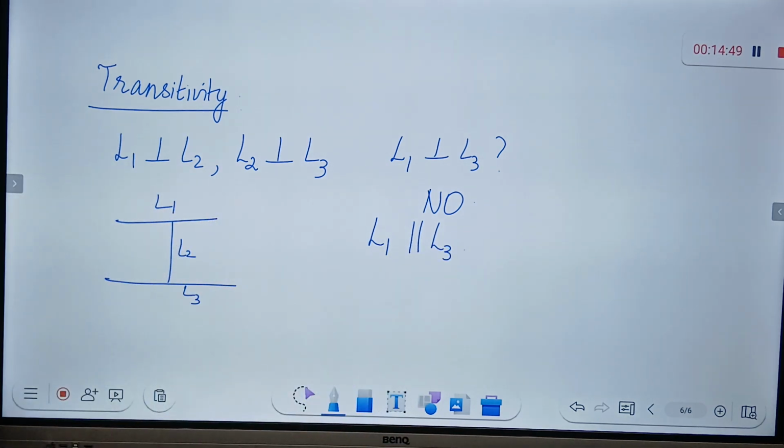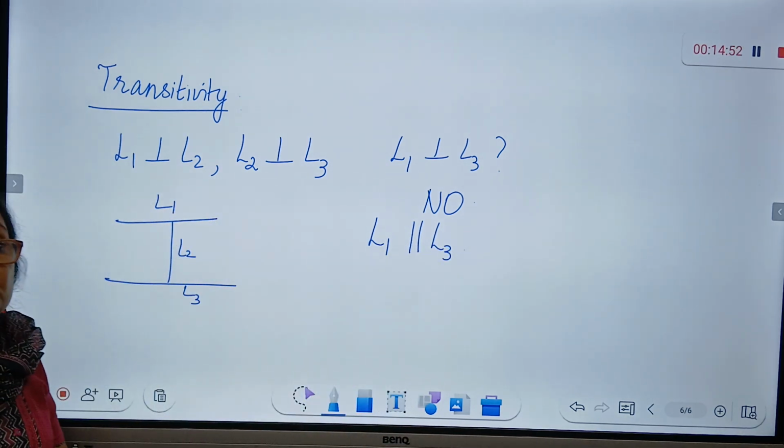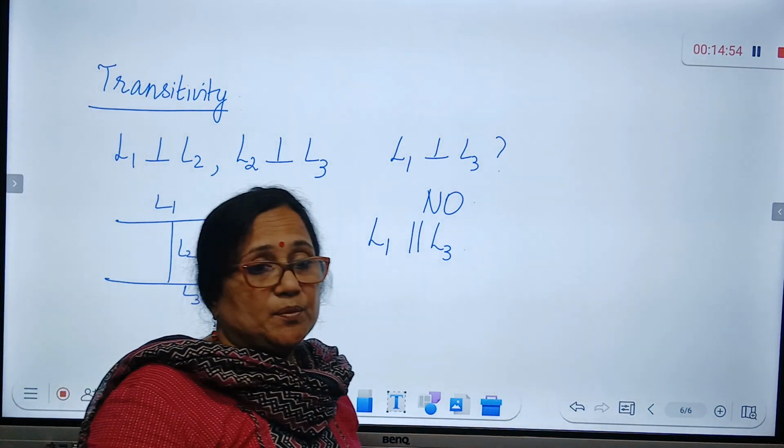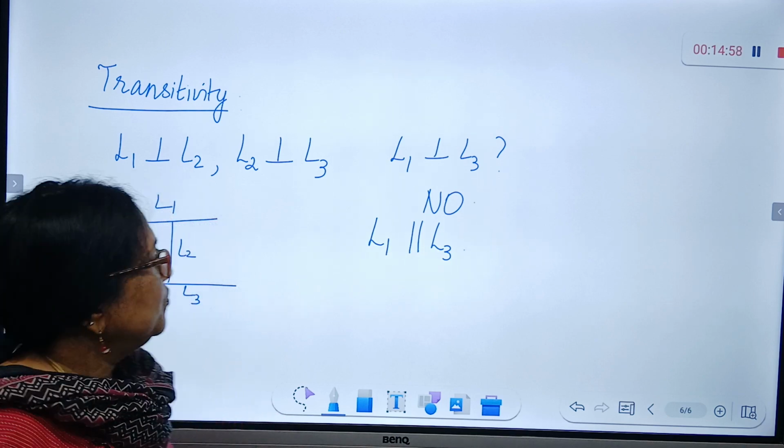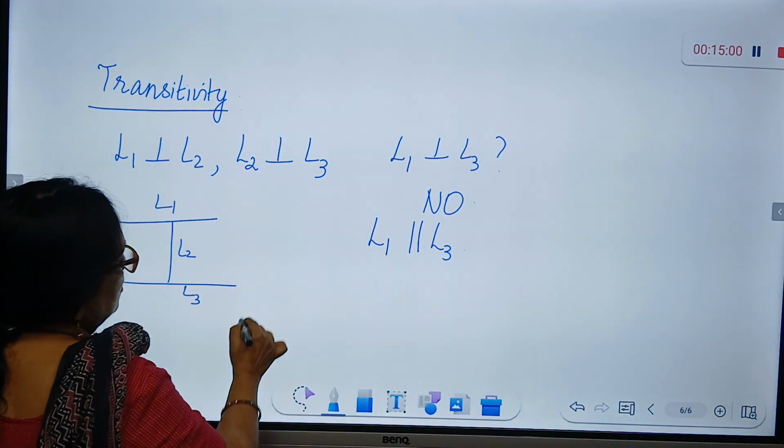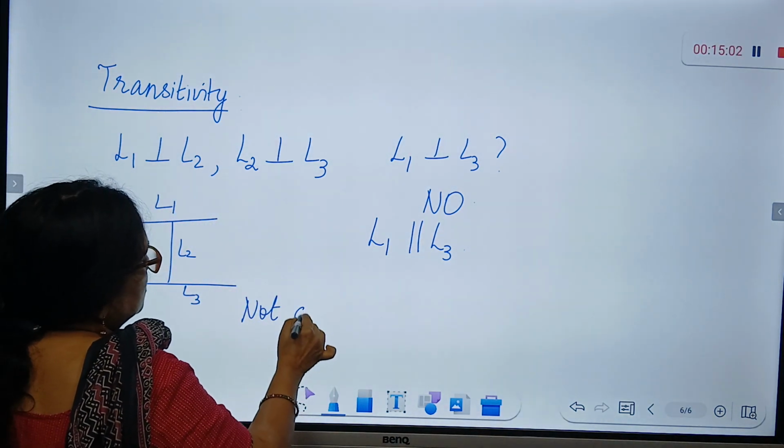So the relation R, defined by the property of being perpendicular to each other for straight lines in a plane, is not a transitive relation.